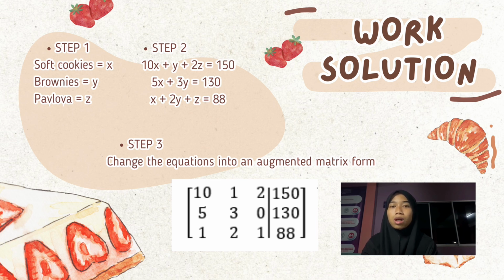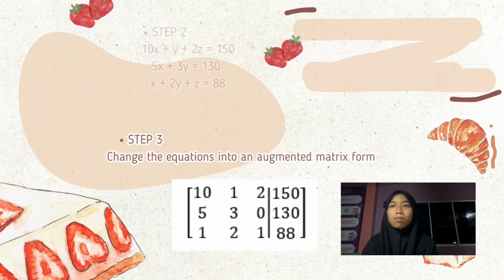Step 2, write the equations. The first equation is 10x plus y plus 2z equals 150. The second equation, 5x plus 3y equals 130. And the third equation is x plus 2y plus z equals 88.